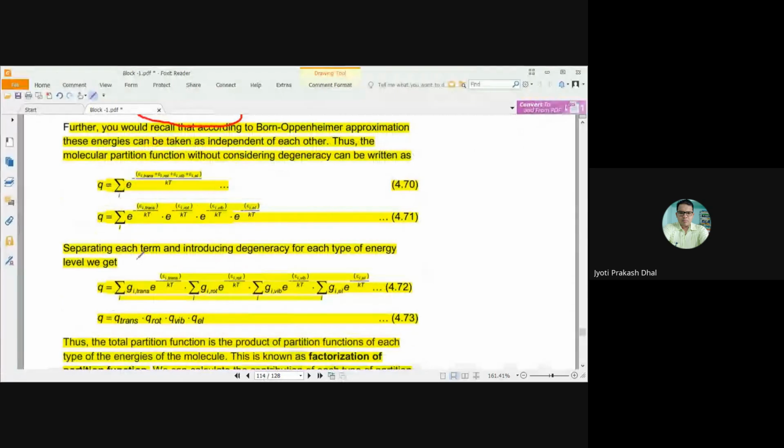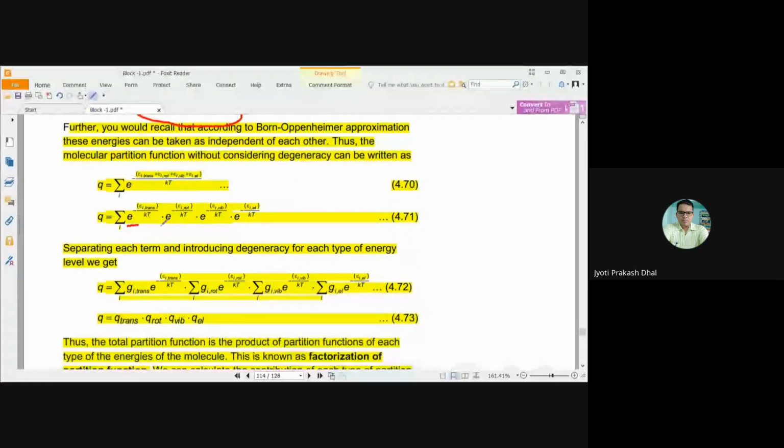And again, that can be written as Q equals to, and all the values that are independent of one another, and hence Q equals the summation of e to the power minus epsilon i translational by kT into e to the power minus epsilon i rotational by kT.